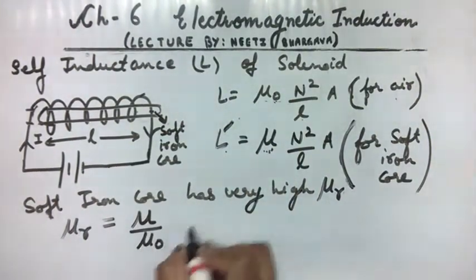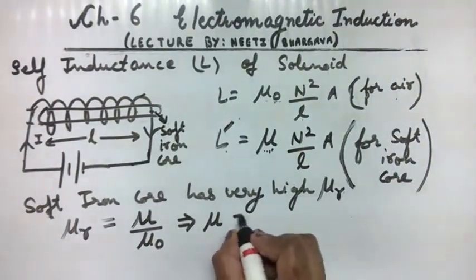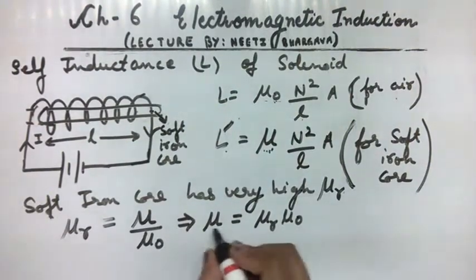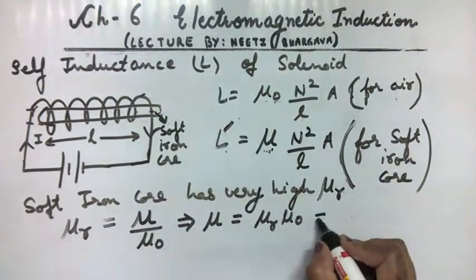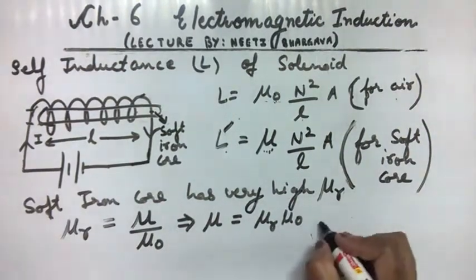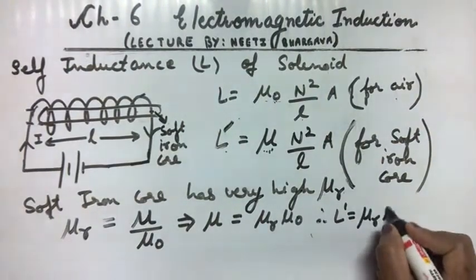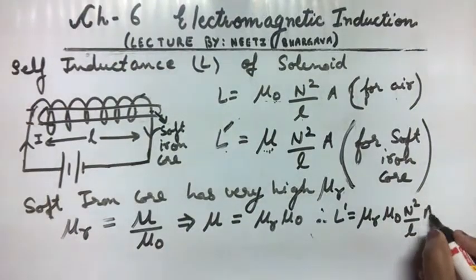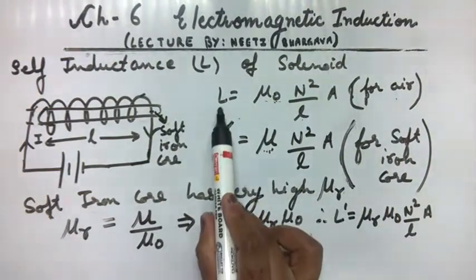Therefore, permeability in the medium is equal to mu r into mu naught. Substituting this value in L dash, we get L dash is equal to mu r mu naught N square by l into A. And we can see that mu naught N square by l into A is the self-inductance for air.